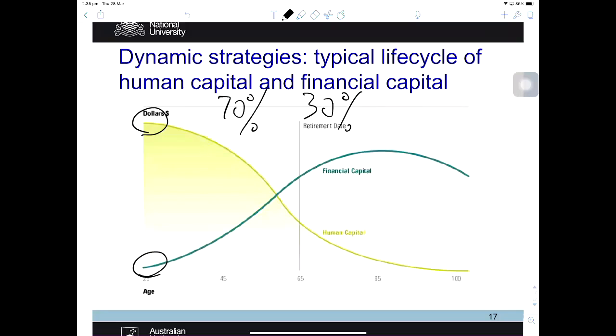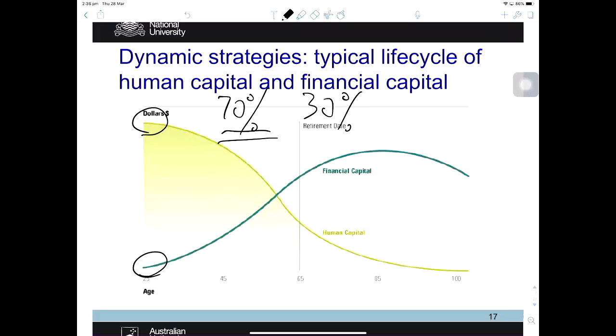So for the total portfolio of young people, including the financial assets and human capital, they recommend 100% investment in your financial assets in growth assets like equity. In other words, you try to diversify the bond in your human capital with the financial asset investment in equity.